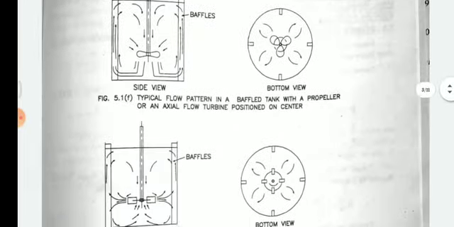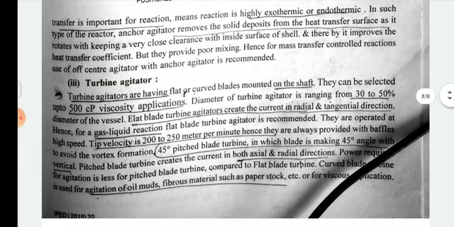Now, they are mounted on the agitator shaft. They can be selected for applications up to 500 centipoise viscosity. Turbine agitators are generally applied for those types of applications having viscosity up to 500 centipoise.